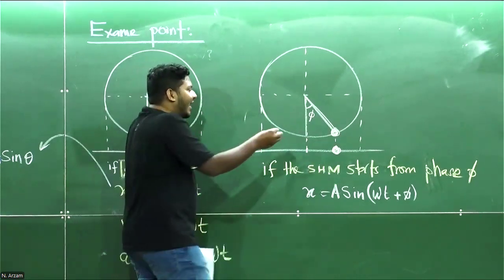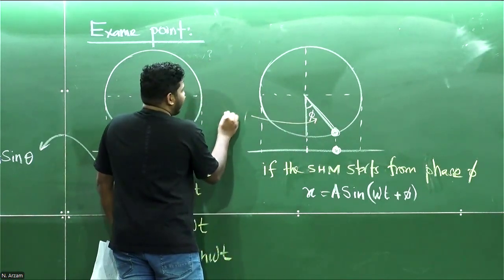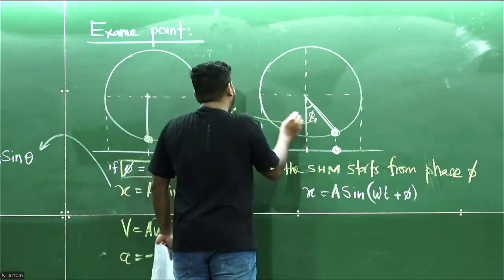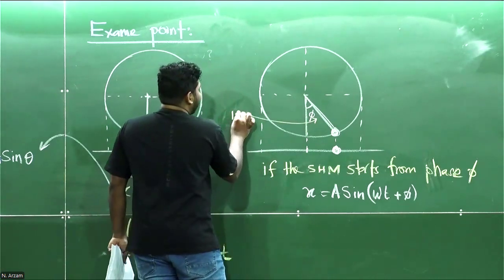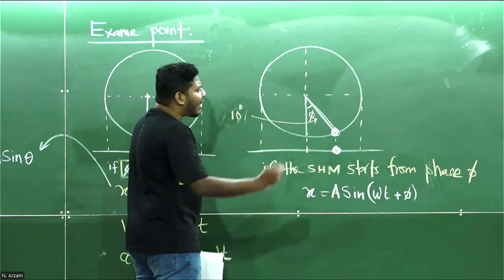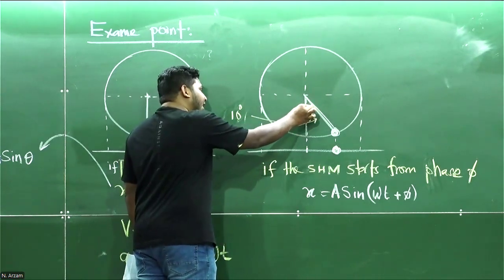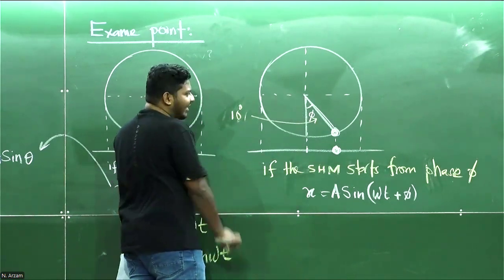You can imagine something like this. Let's say this is 10 degrees. The particle is now something like this; it has already displaced by an angle of 10 degrees.